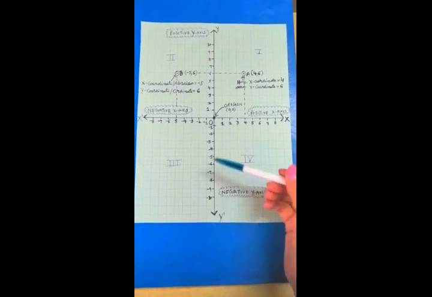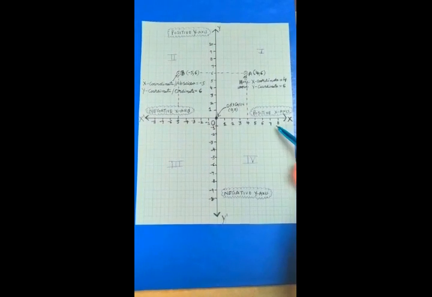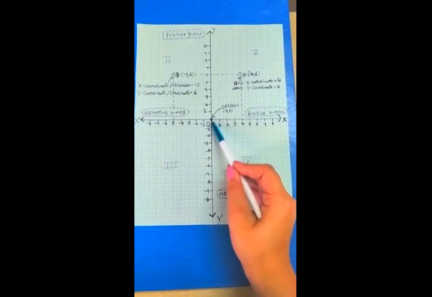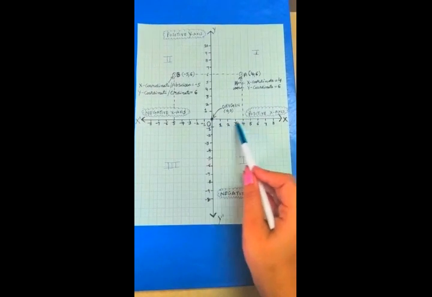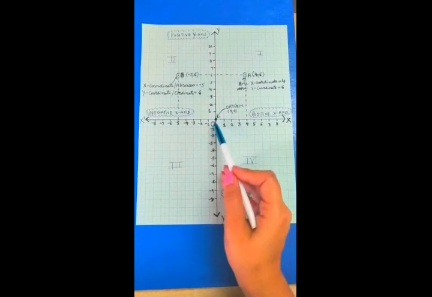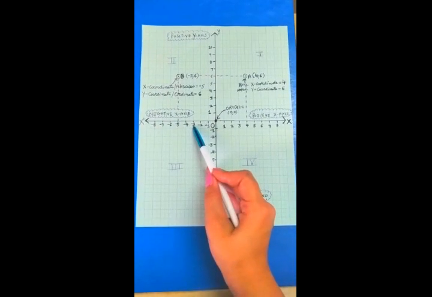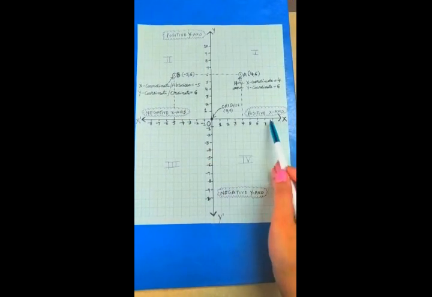Further, the x-axis is divided into two halves. From O to X, it is positive x-axis, and from O to X dash, it is negative x-axis. It is just like a number line.